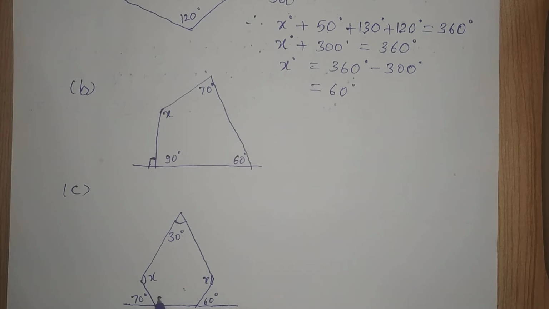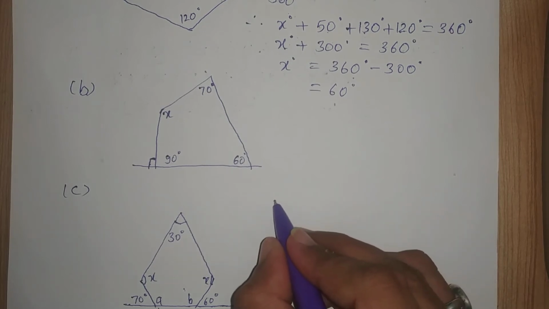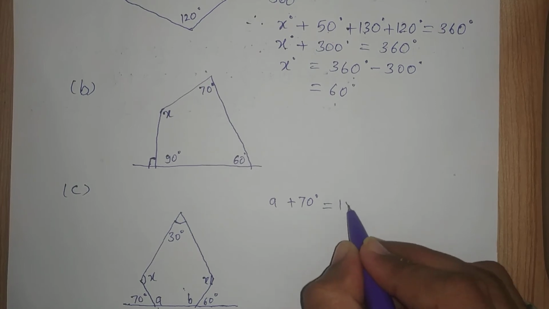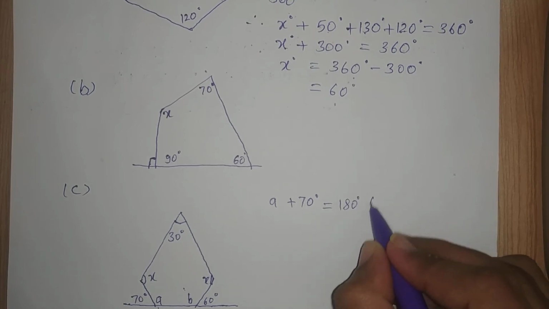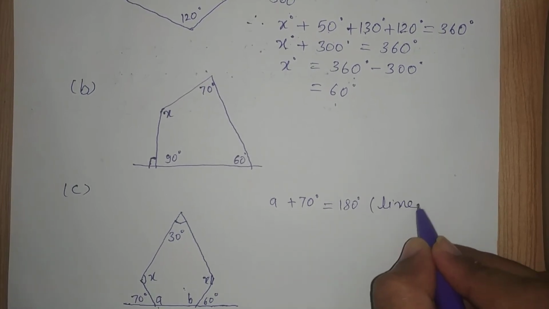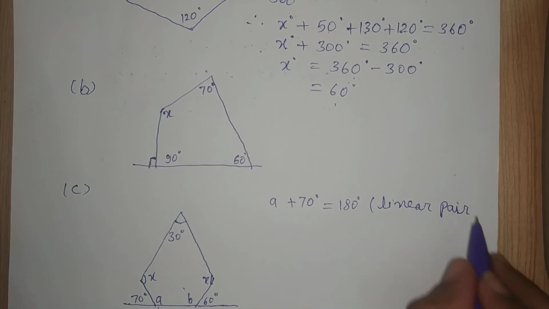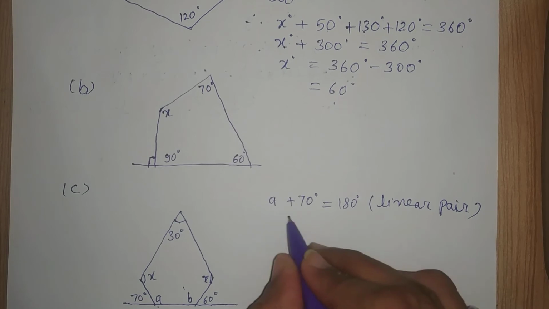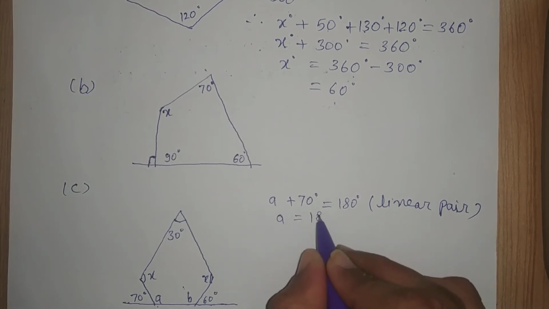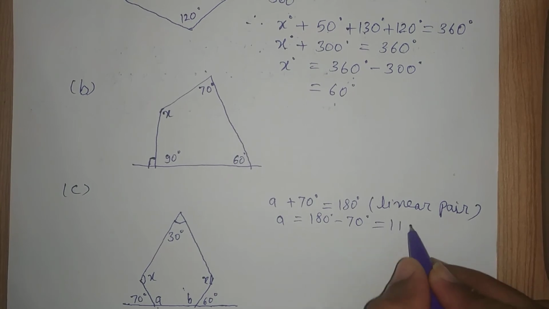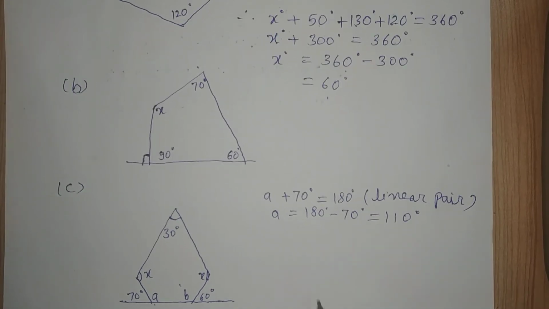So we write here name A and B. So A plus 70 degree is equal to 180 degree because they are forming linear pair. So A is equal to 180 degree minus 70 degree, that is 110 degree.